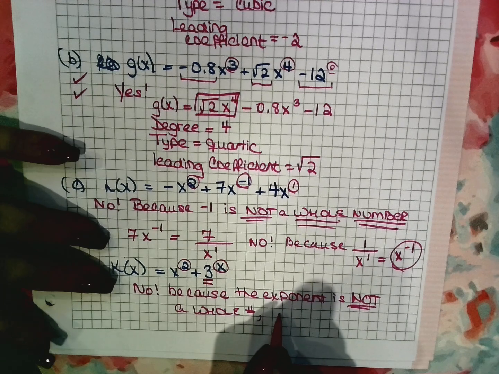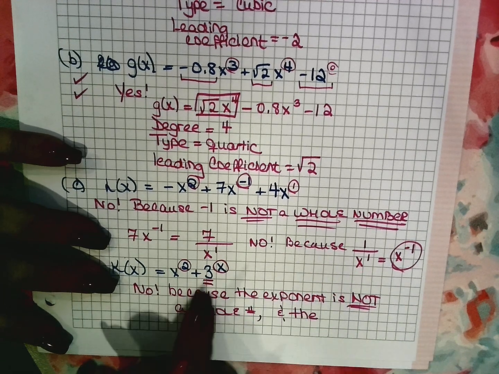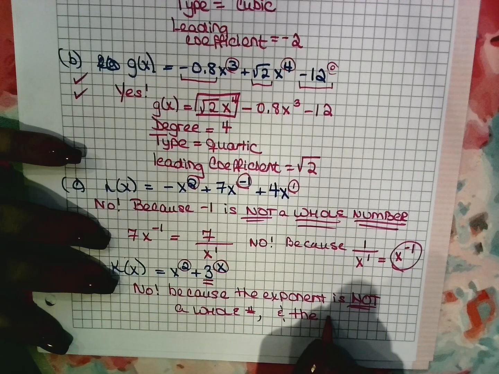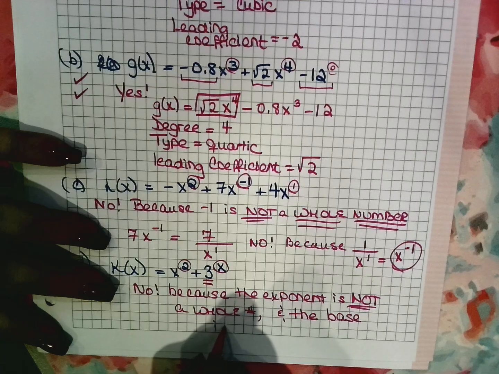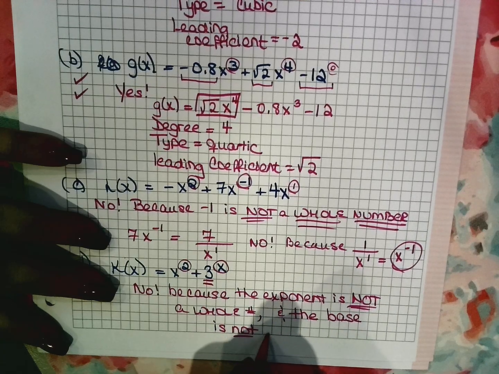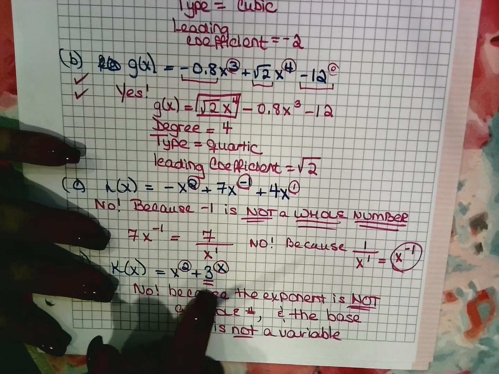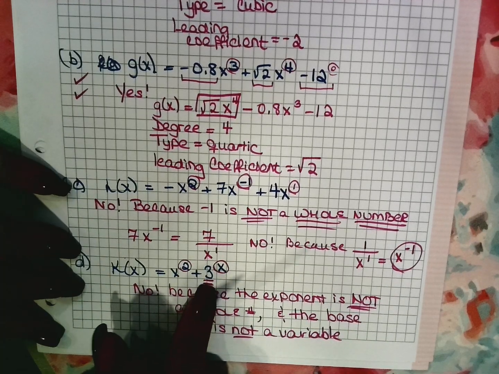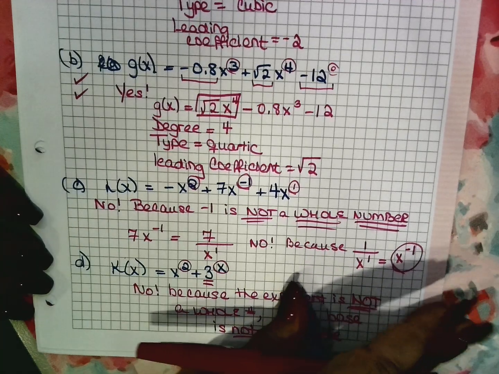So let's add that in there, and we call that the base of the exponent. The base is not a variable. So it cannot be just a value, it must be a variable. It could be x to the 3rd, but it can't be 3 to the x. All right? Okay, moving on.